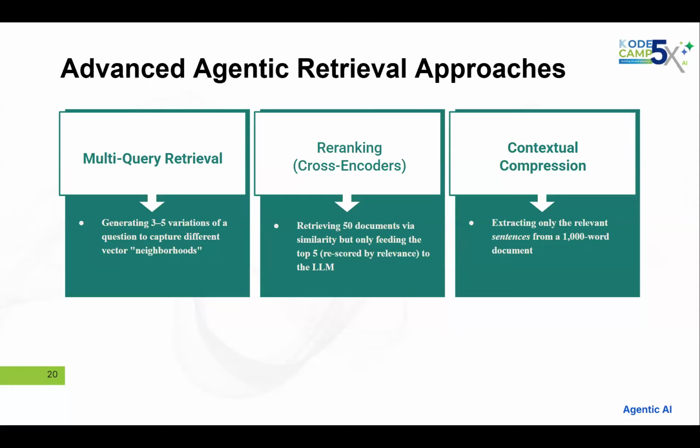A given prompt could actually, we talked about vector space, right? A given prompt could actually better target a certain region in the vector space. So generating multiple variations enables it to capture the different sections of the vector space that are relevant to that prompt.